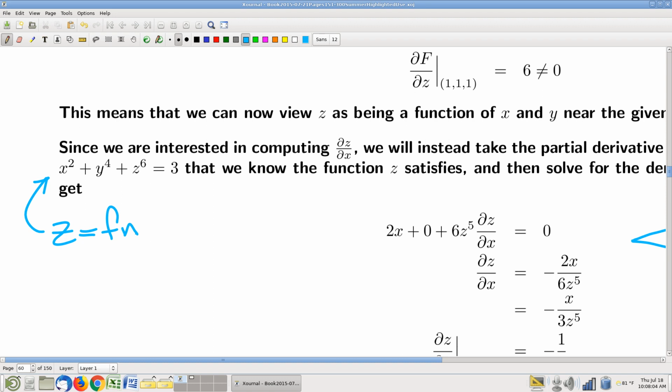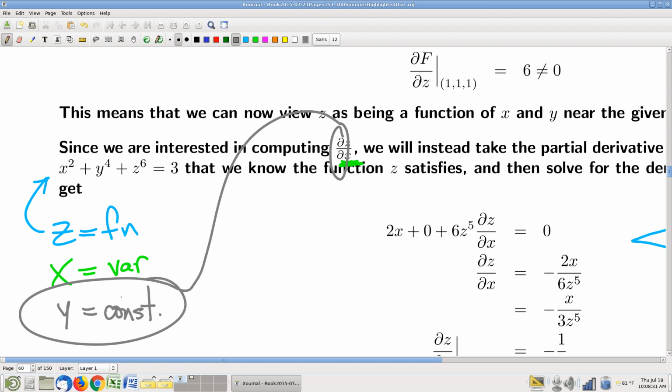But now furthermore, notice, I'm taking a partial of z with respect to x. Well, partial means that I want to view only x as being a variable. So yeah, x is a variable because I'm taking a partial with respect to it, but because it's a partial derivative, that means that y is to be viewed as a constant. Right? The fact that it's a partial means x is the only remaining variable, that we treat y as a constant, and then go ahead.